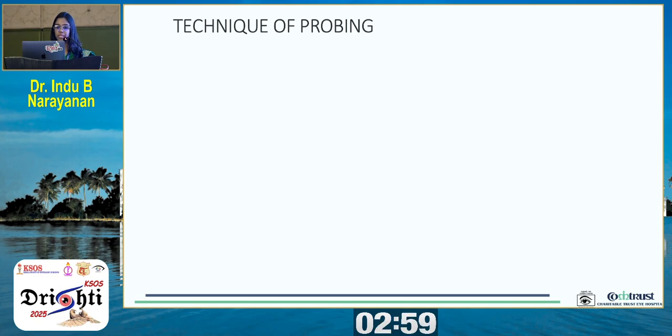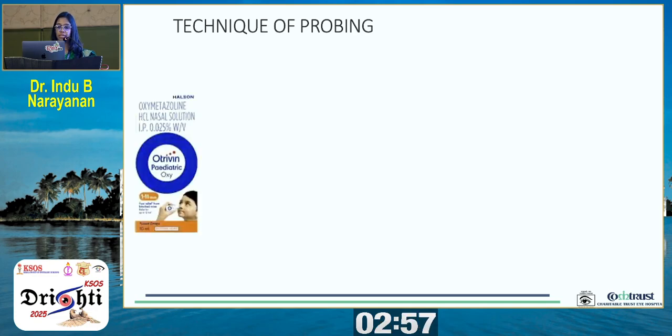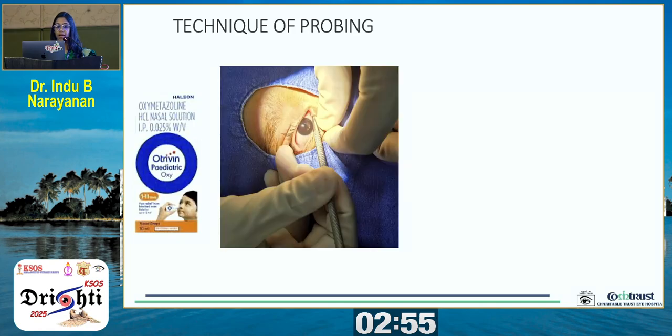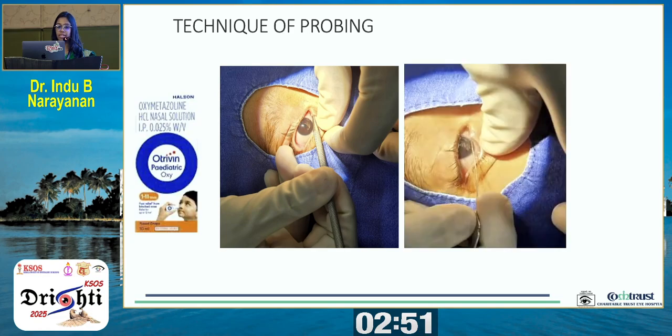So now about the technique of probing: decongest the nasal mucosa and use the punctum dilator. The punctum is dilated. The probe is introduced with a stretch on the lower lid or the upper lid, whichever.